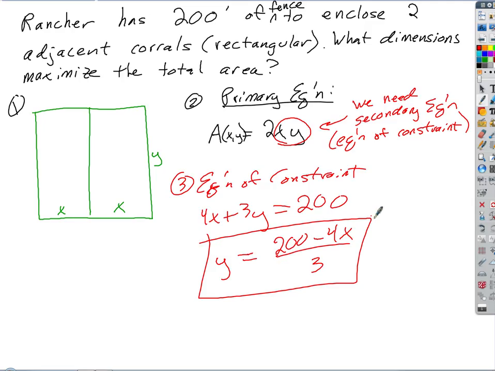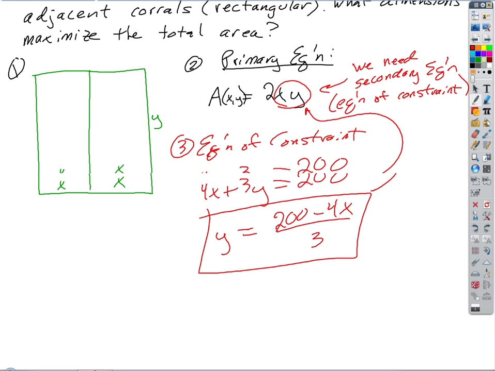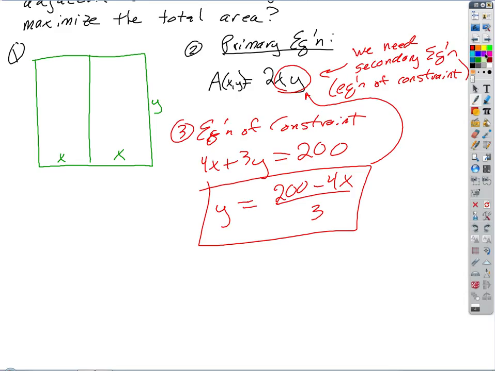So we're going to substitute into our primary equation, and what do we get? Is this step 4 or still 3? I guess you could probably still call this step 3. Step 3 is come up with a secondary equation and substitute it up. Okay?